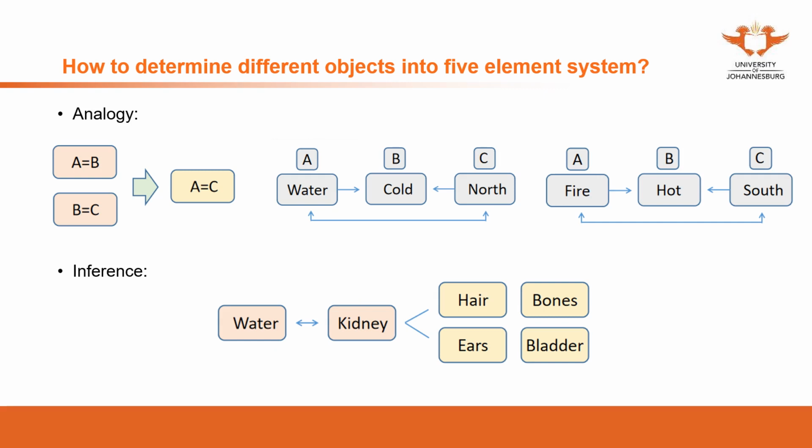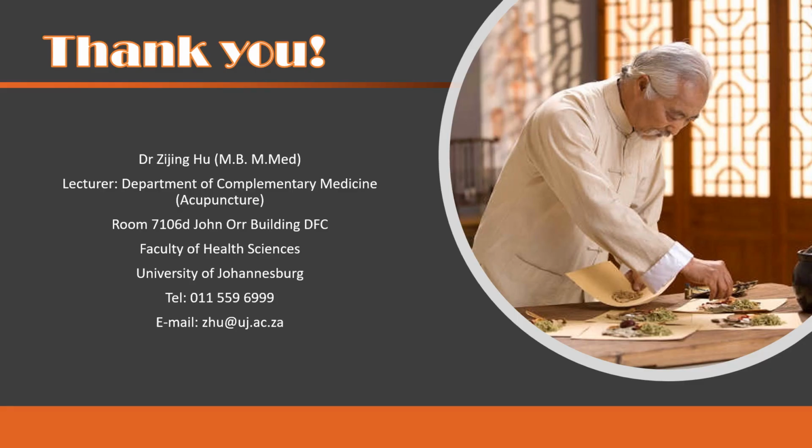So the five elements are just five different names, five different groups of objects. In the next video, we are going to introduce the contents of the five elements theories.